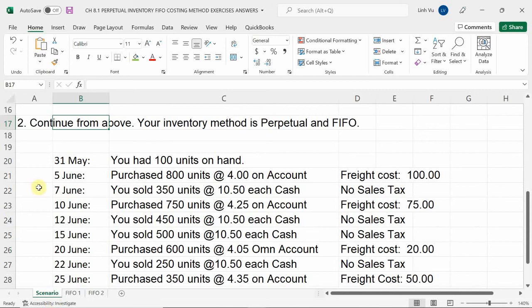So then after we sold our 350, June 10 rolls around and we end up purchasing 750 units at $4.25 each with a freight of 75. So 750 at 4.25 with a cost of 75.